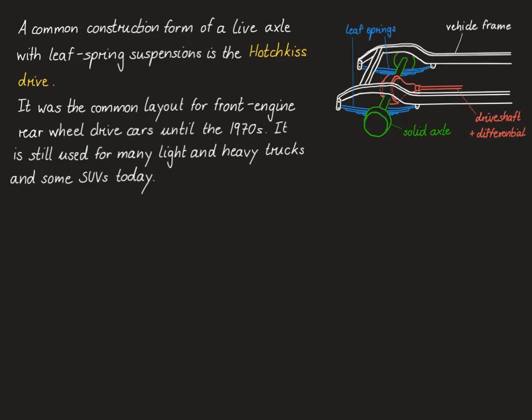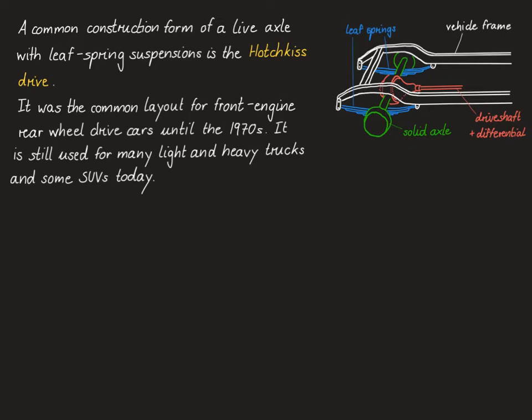A common construction form that's also of great historical importance is the combination of a live axle with leaf spring suspensions in the form of a Hotchkiss drive, as shown in the figure on the right-hand side. In the Hotchkiss drive, the differential, shown in red, is integrated into the solid axle, with the drive shaft coming from the engine at the front of the vehicle.